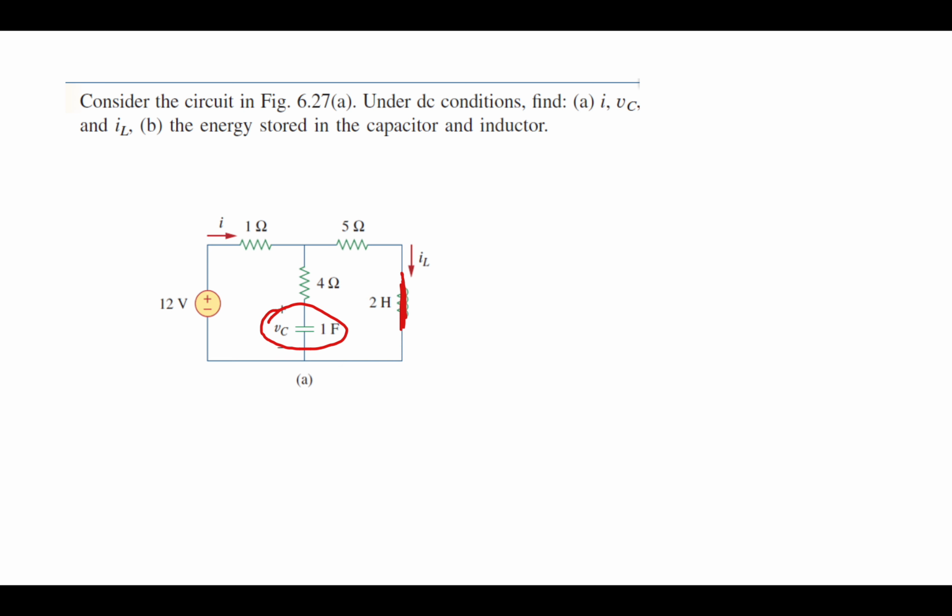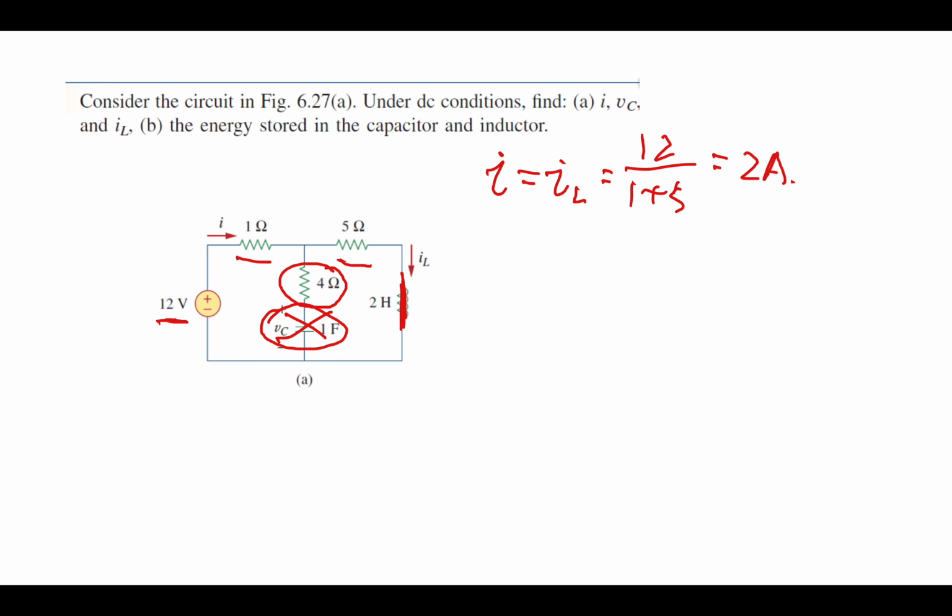So we can simplify this circuit so that we have a 12-volt voltage source, and there's no current flowing through this 4 ohm resistor. This 1 ohm resistor and this 5 ohm resistor are in series. So the current I equals IL equals 2 ampere.